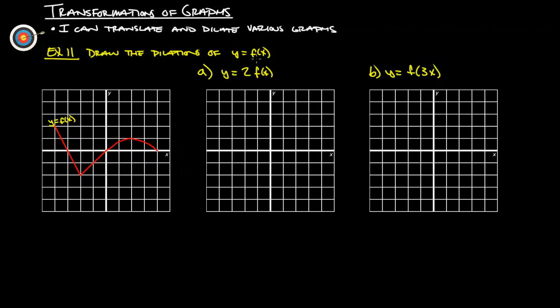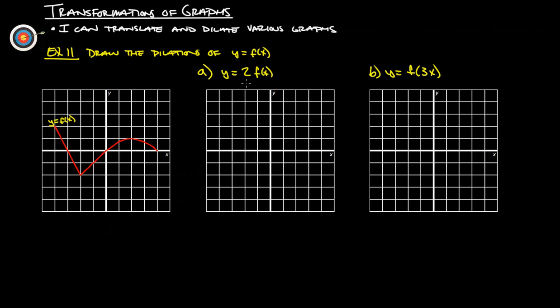So draw the dilations of y equals f of x. So now we have y equals 2 times f of x. Okay, so this 2 here means that everything's going to get stretched from the x-axis. It's going to go up twice as far and down twice as far. So let's say this point here is right here. From the x-axis, it's up 2.